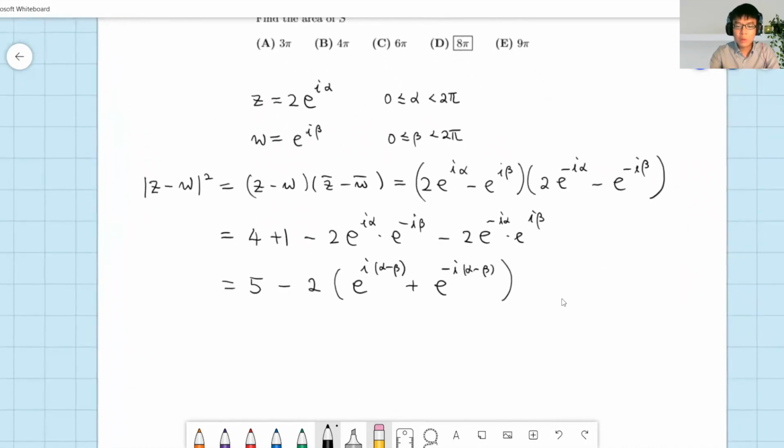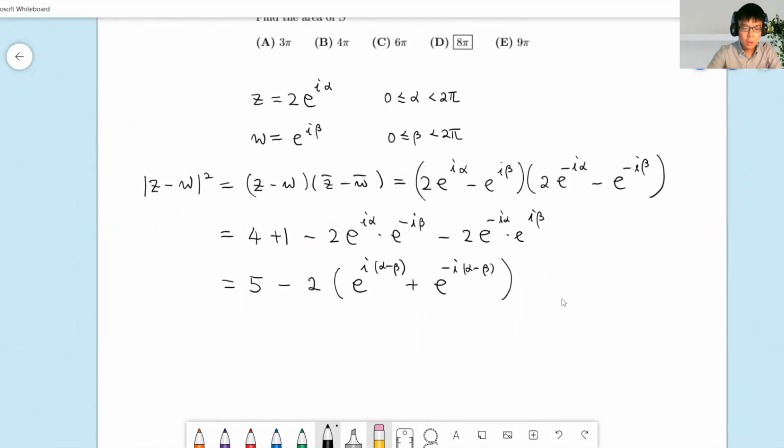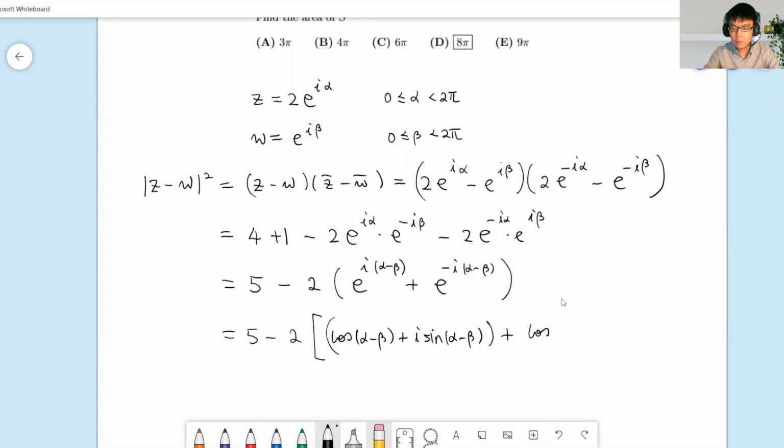We can still recall Euler's formula, okay? So it's going to be 5 minus 2 times the first exponential, which equals cosine(alpha minus beta) plus i sine(alpha minus beta). And the second one is cosine(minus(alpha minus beta)), which is equivalent to cosine(alpha minus beta), plus i sine(minus(alpha minus beta)).